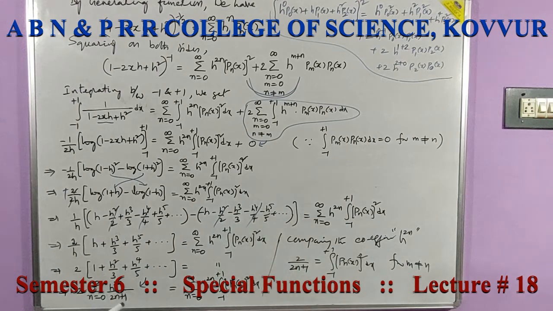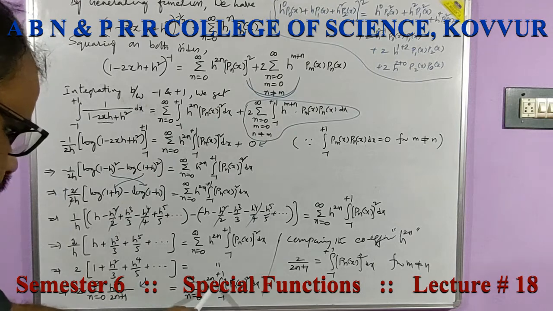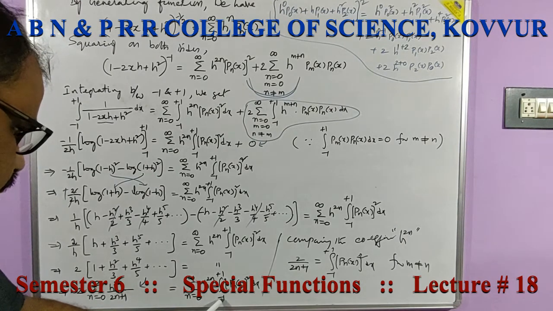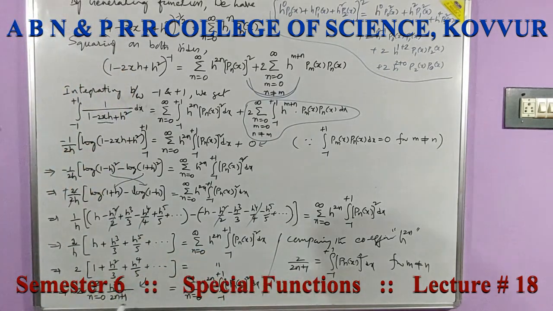Comparing the coefficient of h power 2n on both sides. The coefficient of h power 2n on the right hand side is integral minus 1 to plus 1 (Pn(x)) whole square dx. On the left hand side, the coefficient of h power 2n is 2 by 2n plus 1.